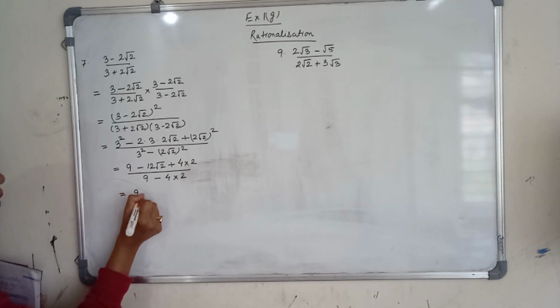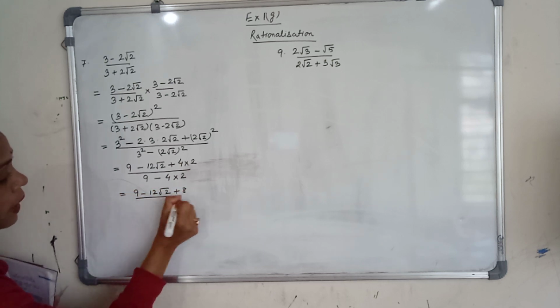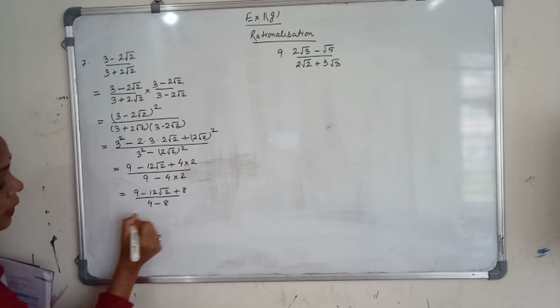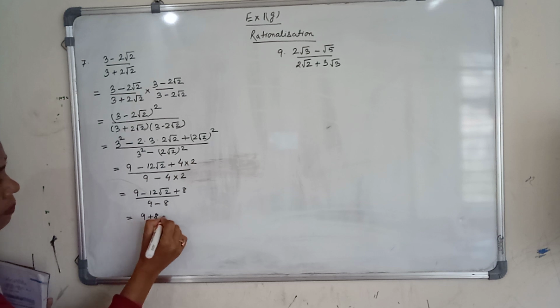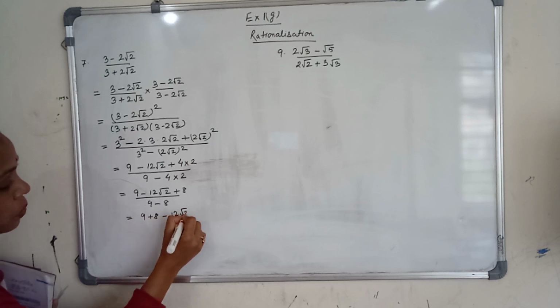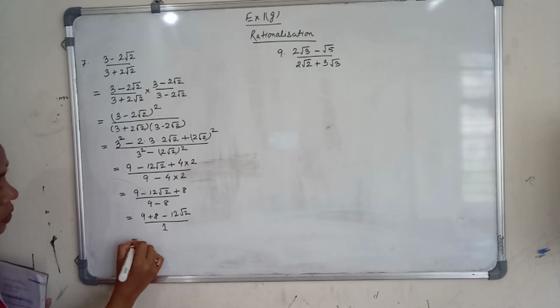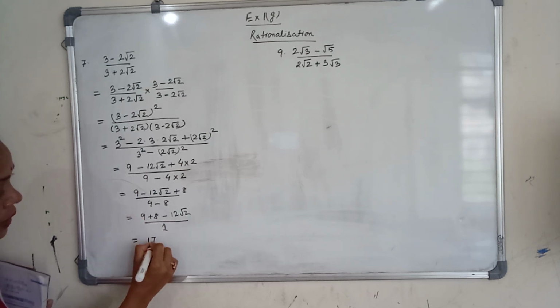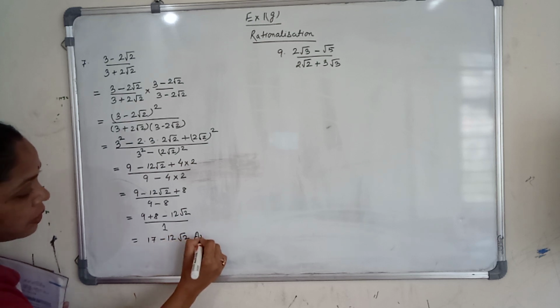So this becomes 9 minus 12 root 2 plus 8 by 9 minus 8. So this one will be 9 plus 8 minus 12 root 2 by 9 minus 8, which is 1. So 9 plus 8 is 17 minus 12 root 2, which is your answer.